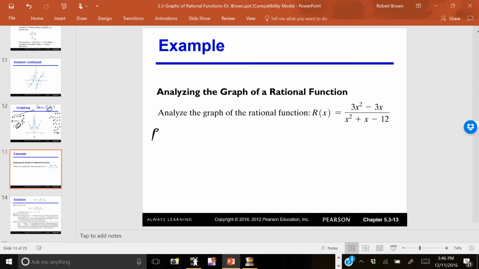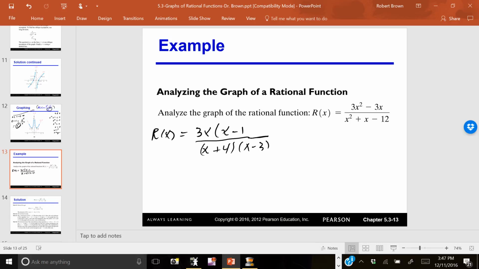R of x, let's factor the numerator, which would be 3x times x minus 1, divided by x squared, factoring the denominator, x plus 4, x minus 3.